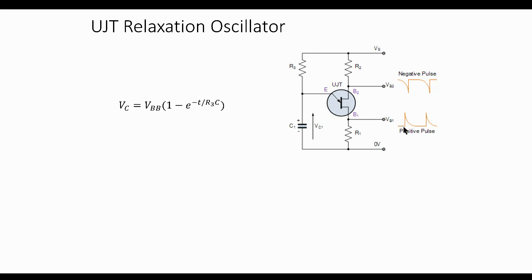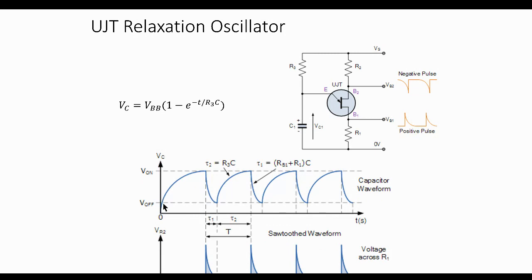What you're seeing here is, let me bring this curve up, the capacitor charges in this region, and then discharges in this region. So that is what is happening with the capacitor over time t.